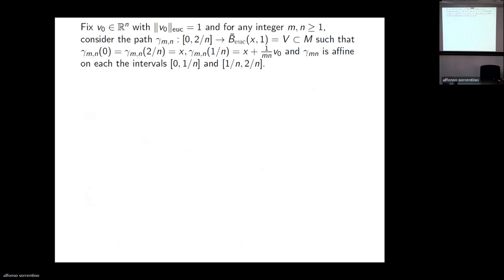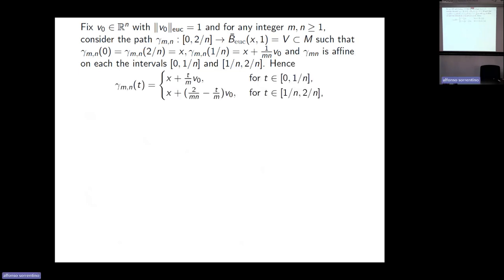Okay? On each one of the two it's an interval. So this is what you have. You go from x to x plus 1 over mn v0, and here you decrease from t equal 1 over n from x plus 1 over mn v0 to x.